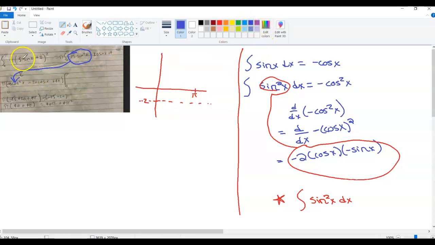So let's graph 5 sine x. So 5 sine x at 0 and at pi equals 0. And then at pi over 2, the sine equals 1, so 5 sine x is 5. So our region is this, the region bound by that and that.